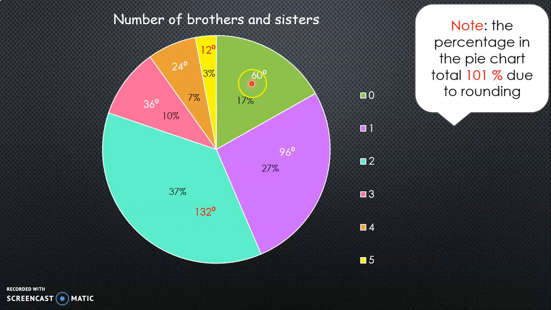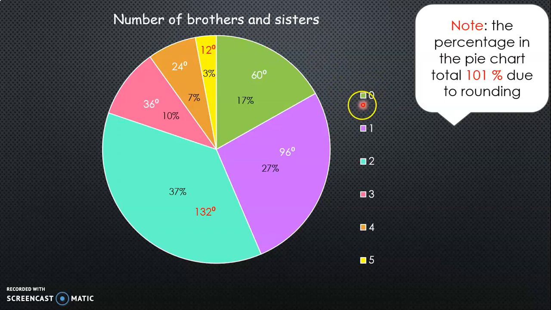Again, in order to draw this angle, 60 degrees, you need to use the protractor. After that, continue with 96 degrees, 132, and then 36 degrees here, and then 24, and then 12 degrees. If you total it, it will be 360 degrees. Again, you know what is the meaning of this?